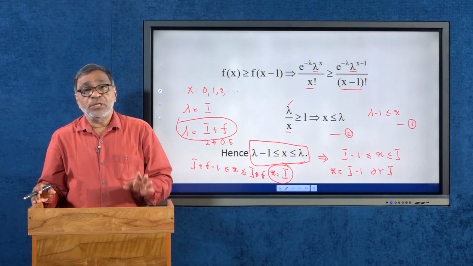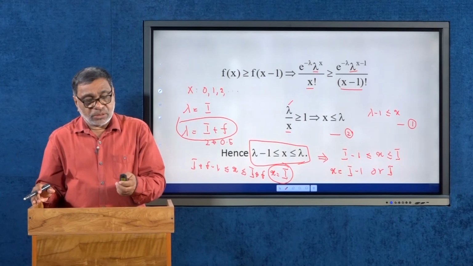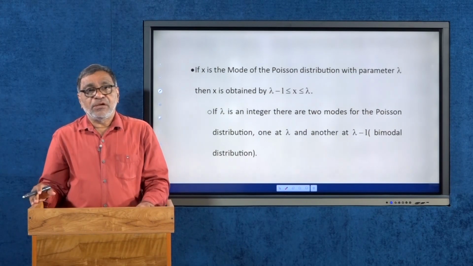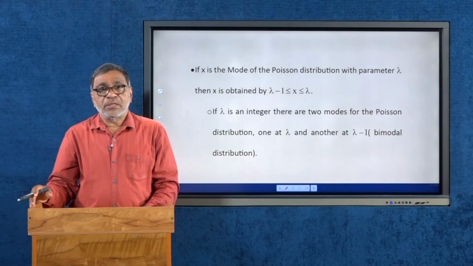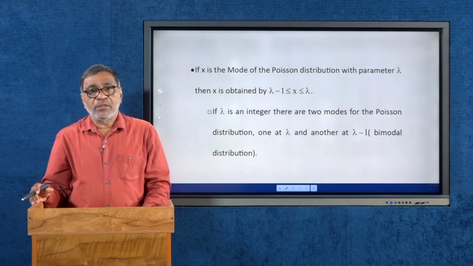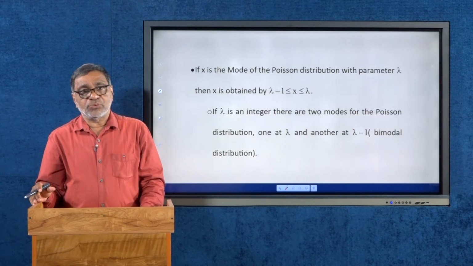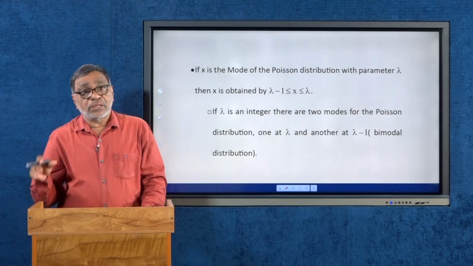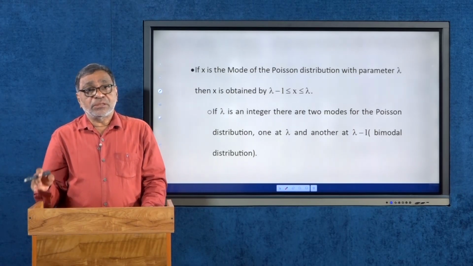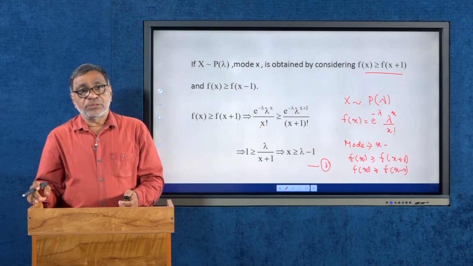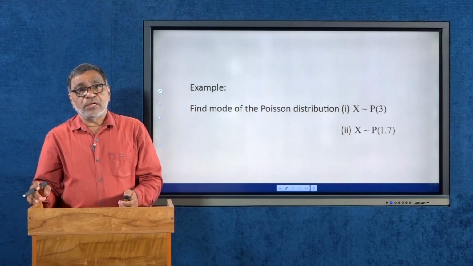So, there exists only one mode. That is the result we have. If lambda is an integer, there are two modes for the Poisson distribution, one at lambda and another at lambda minus 1, bimodal. And if lambda is not an integer, there exists only one mode, that is the integral part of lambda. Okay, so this is the situation regarding the mode.